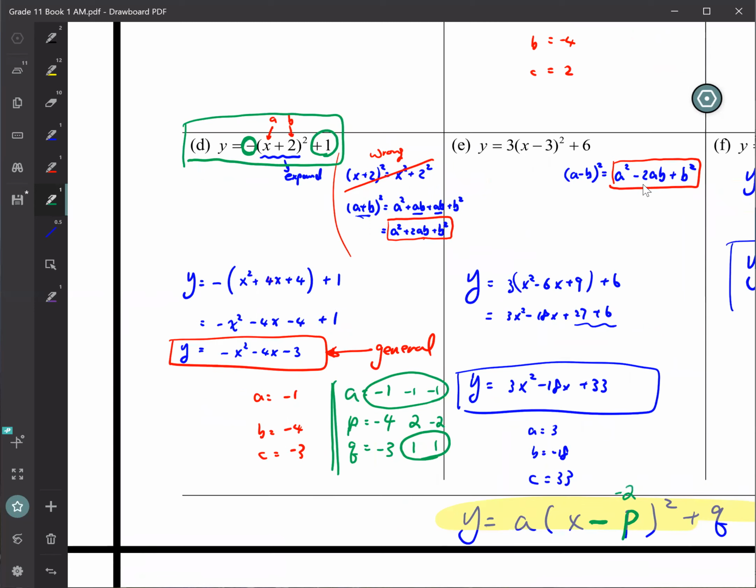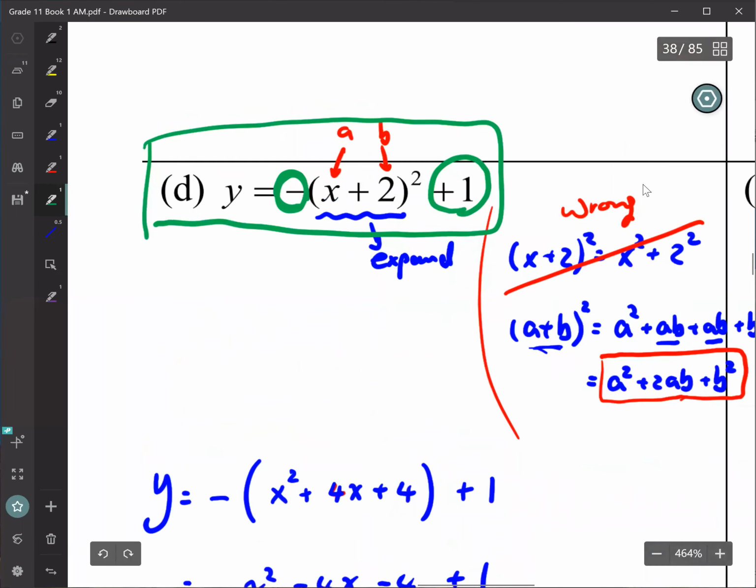So we know p has to be -2. Okay, so that's a little tricky part. Everything else should be fine. A and q are easy to get. It's the p that's the most confusing one. So one way to remember is for the p, you need to reverse the sign, right? You see a +2, then p is -2. If you see a -2, then p is +2.